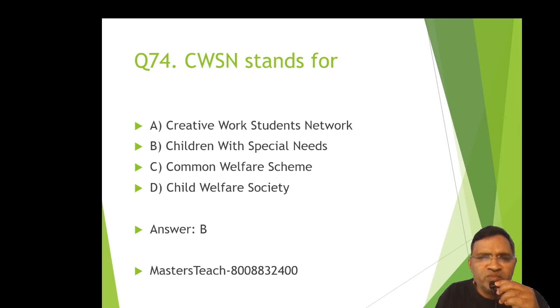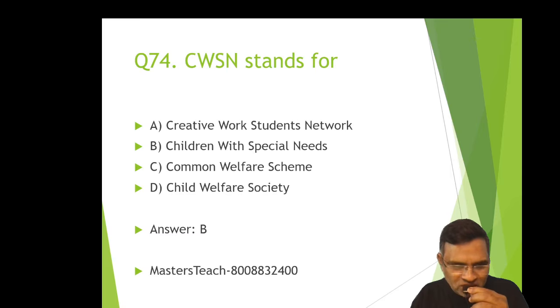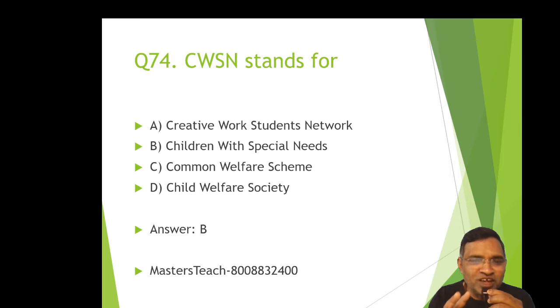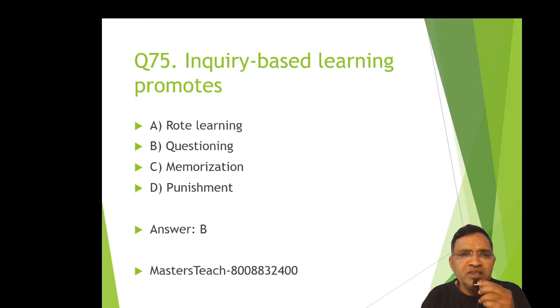It stands for A. Creative Work Students Network, B. Children with Special Needs, C. Common Welfare Schemes, D. Children Welfare Society. The answer is, it is a little bit confusing, children with special needs.